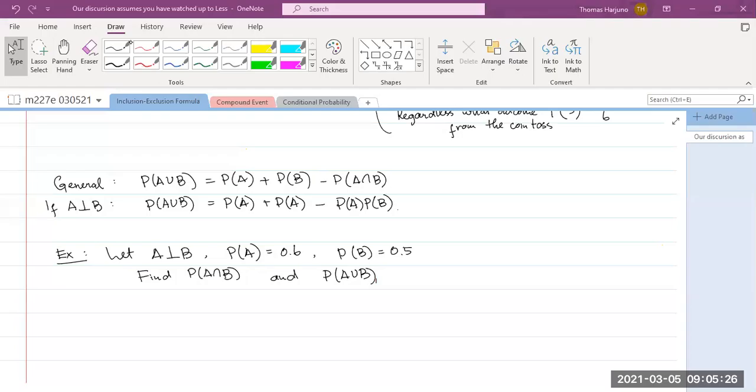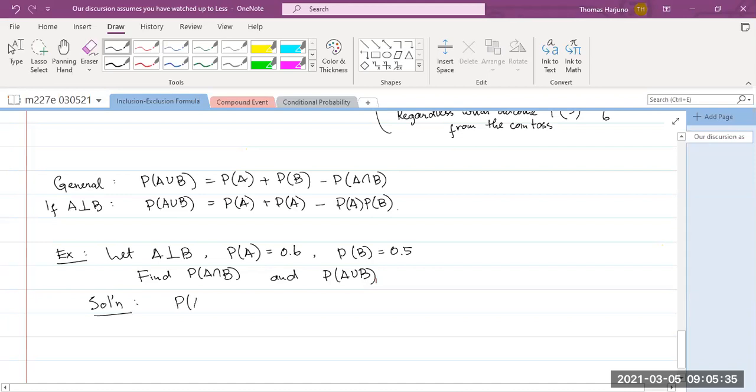Okay, can anybody help me with what to write here? So what is the probability of A intersection B?